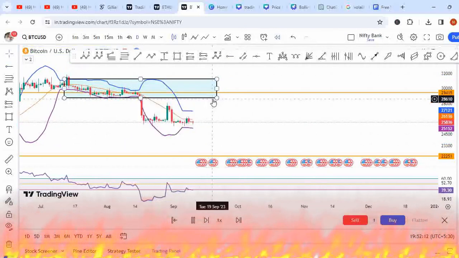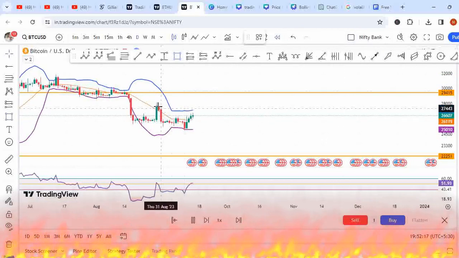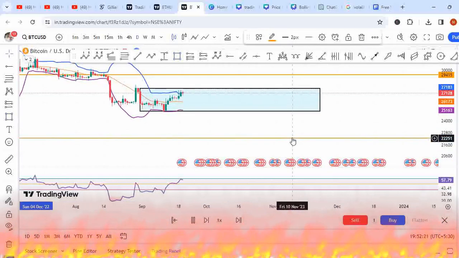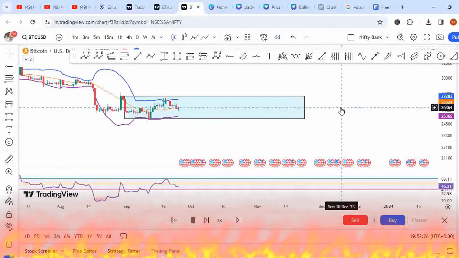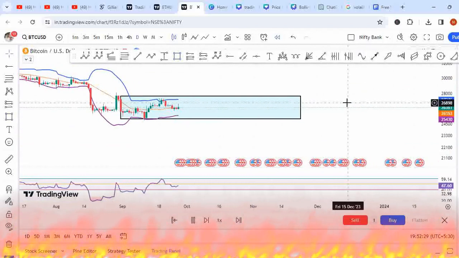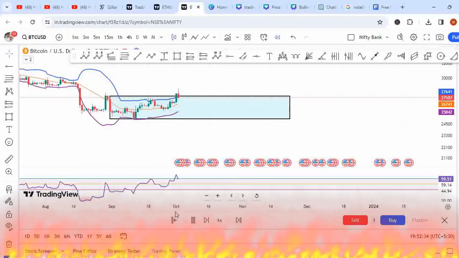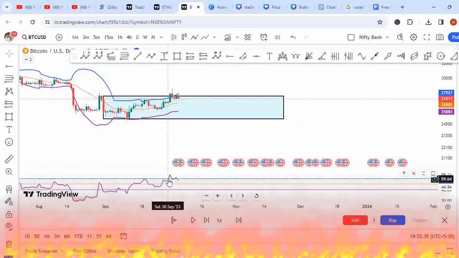Alright. Again, Bollinger Band is under squeeze. RSI above 60.